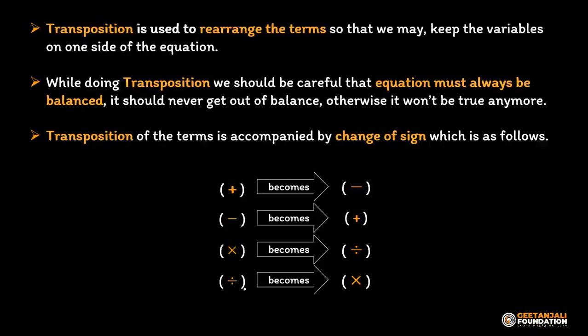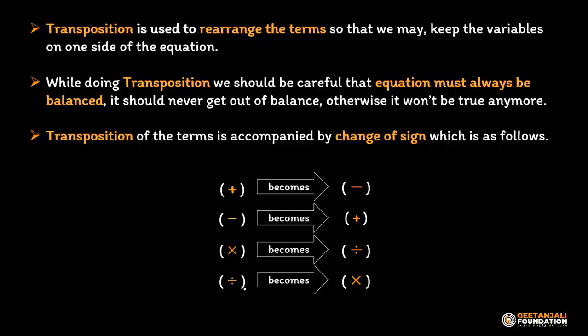We do that so that we can rearrange the terms in such a way that variables are on one side of the equation and all the rest of the terms are on the other side. While doing transposition, we have to be very careful that whenever we transfer terms from one side to the other side, the equation must always remain in balance. It should never get out of balance, otherwise it won't be true anymore and you won't get a correct answer.